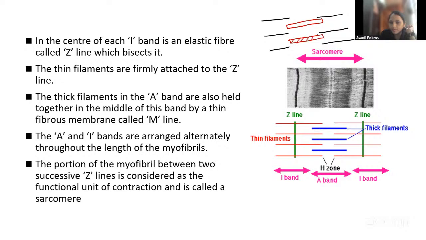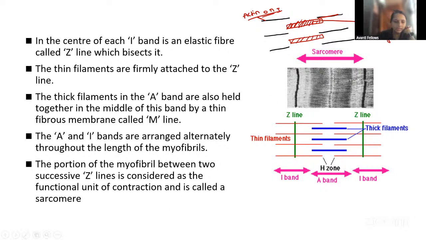So here, this is the actin, or the thin filament, or the I band. And this red one is called the A band, or the myosin.